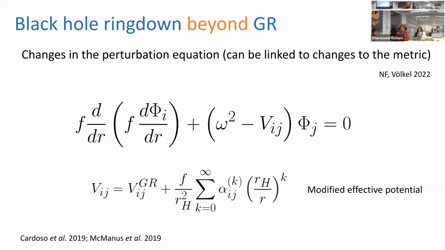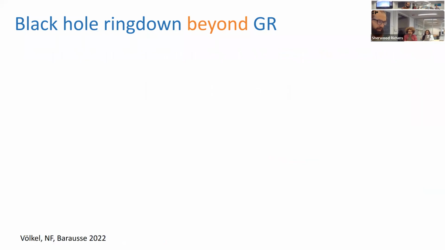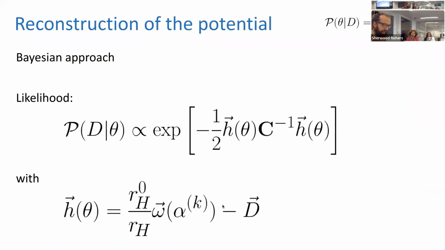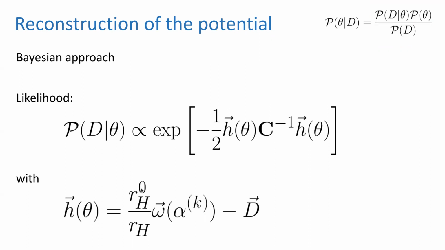Thanks for the question. This is something I didn't say, just to not enter into technicalities, but when we define this likelihood, we know that R0H depends on the mass of the black hole, because R0H is basically 2M.